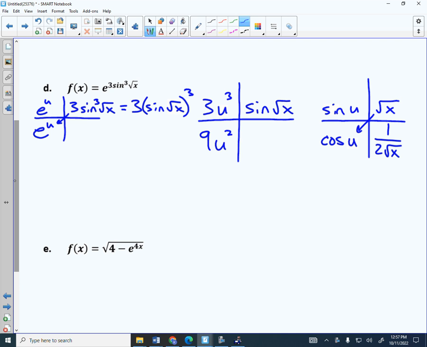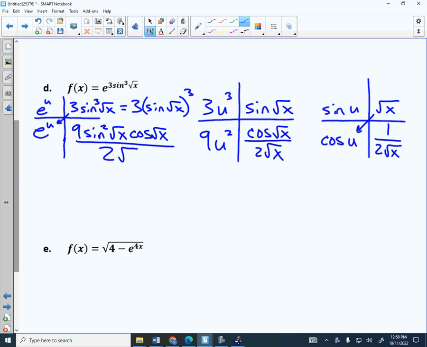So now I multiply these two together, and I have the cosine of the root of x over 2 roots of x. So this derivative goes right here. Now can I multiply these two together? Yeah, and that's going to go in this box, isn't it? So I will have 9 times the sine squared of what? Root of x times cosine of the root of x over 2 roots of x.